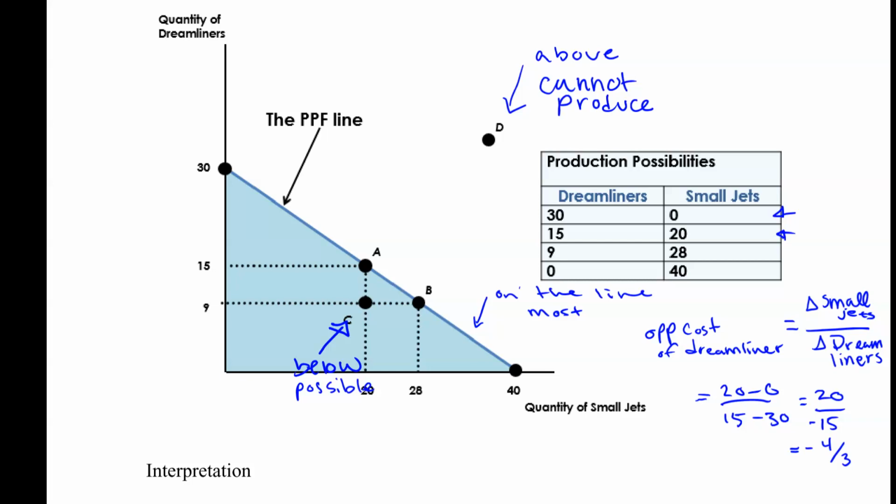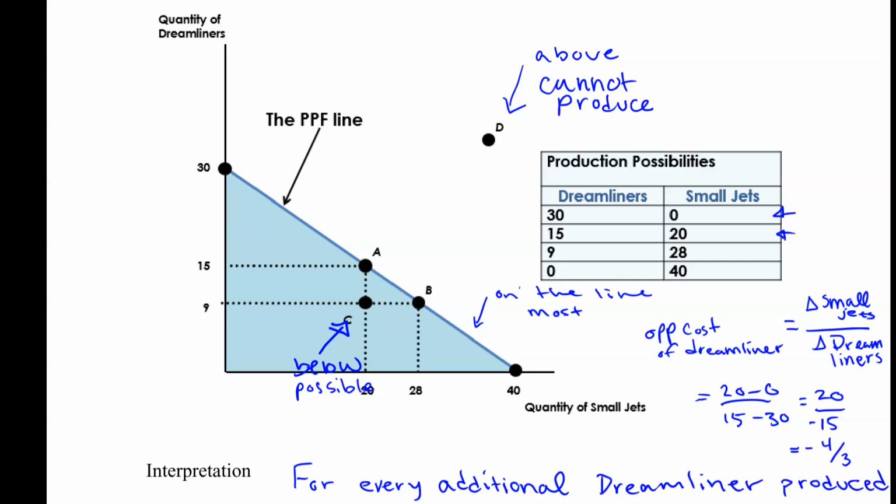So the way I'd interpret this is for every additional Dreamliner produced, I need some more space here, so give me a second.